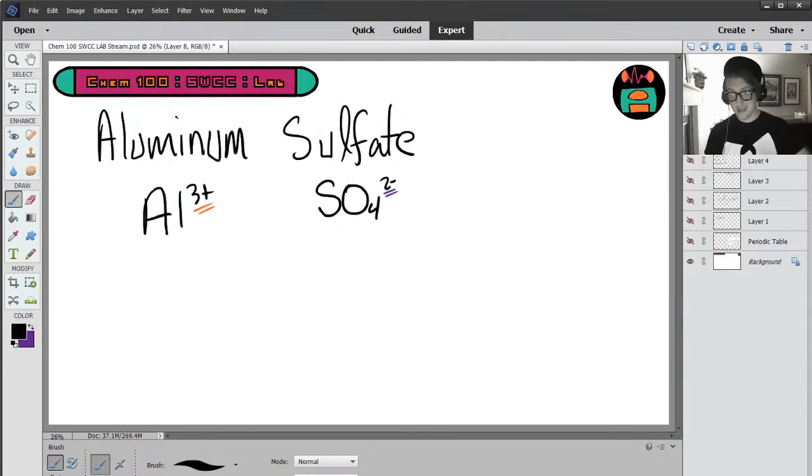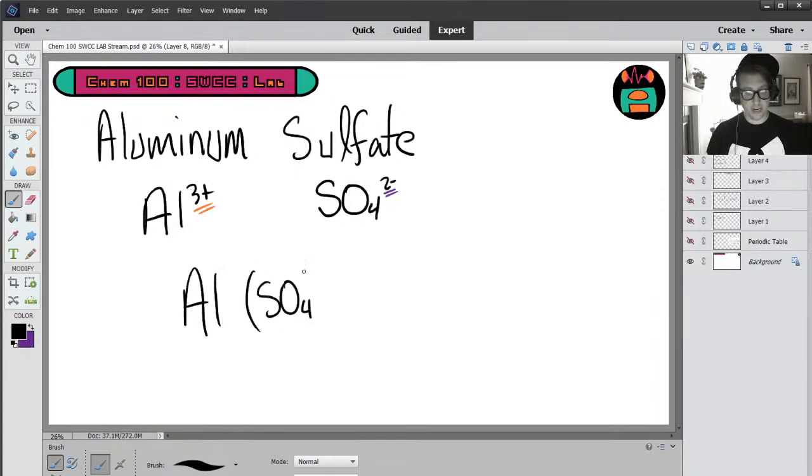However, there's a cool trick to get to the chemical formula quickly. So we've got aluminum and we have sulfate. Here's what you do. You take your anion's charge and make that the subscript for your cation. Then take your cation's charge and make that the subscript for the anion. Here's why this works.